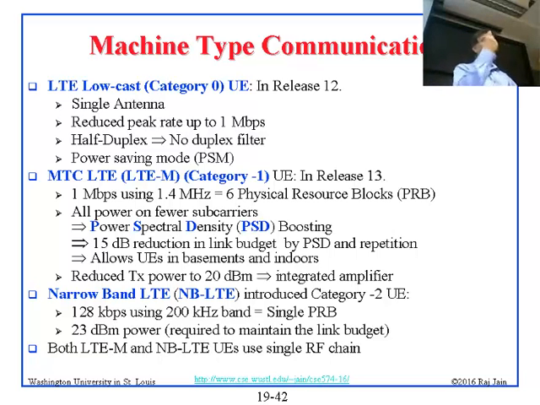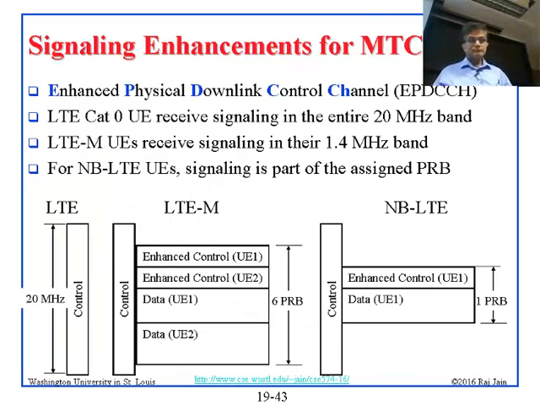So now you get 1 PRB, and you have this for machine type communication. Now the problem is, if you're not listening to all the band, how do you know the whole map when the rest of the people are transmitting? So they have to define new signaling. Previously the signaling was spread all over 20 megahertz. Now instead of being vertical, it is horizontal.